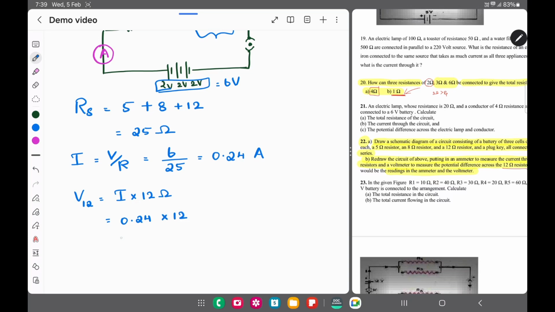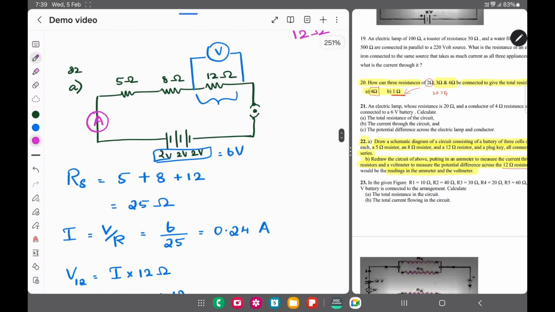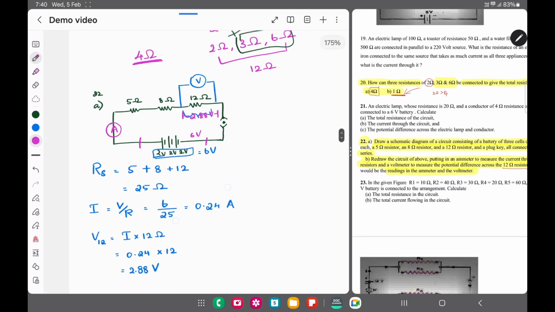So it would give you 2.88 volt. Okay, so of the total 6 volt potential difference across the battery, 2.88 volt is across the 12 ohm resistor.